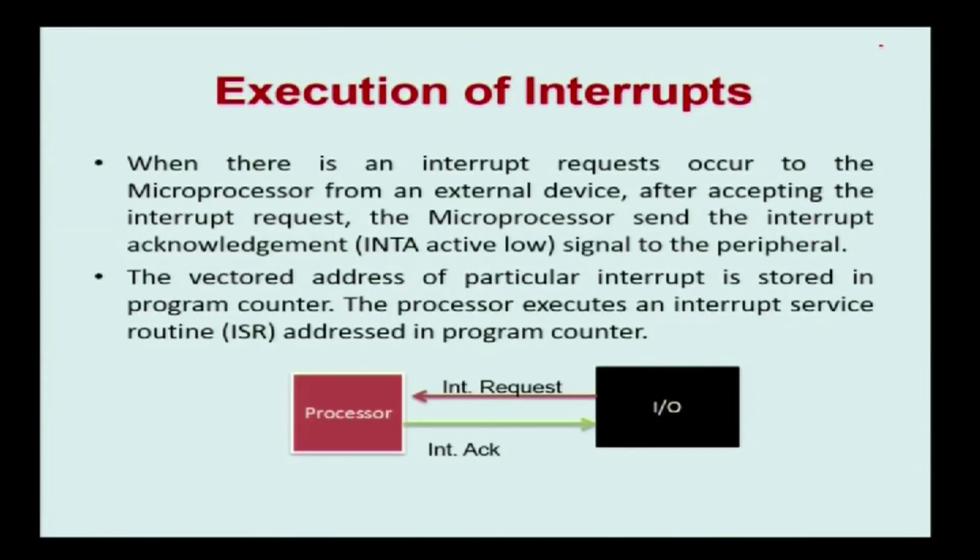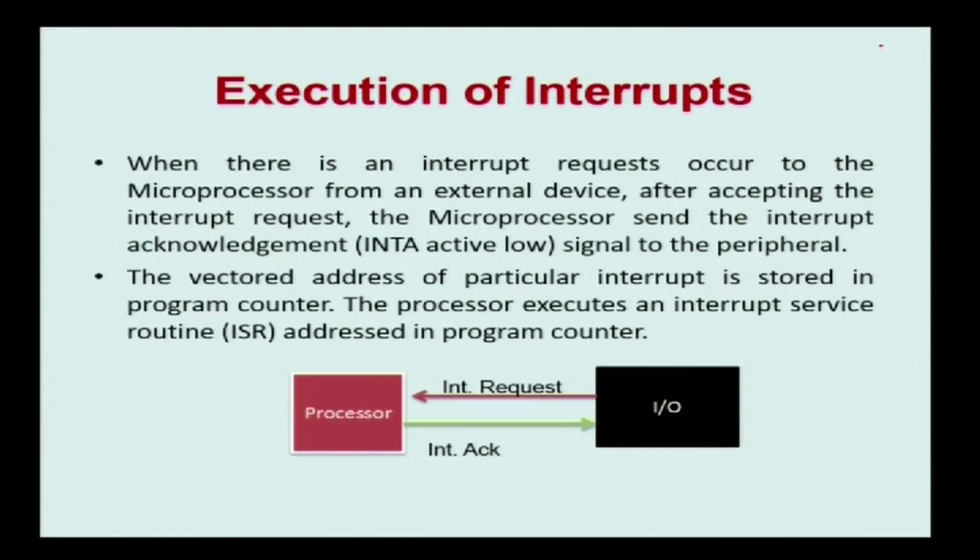After getting the interrupt, how does the processor execute the interrupt request? When the interrupt request is received from the external device, peripheral device, input device or output device, the processor immediately suspends its current work, then switches over to the specified location. Before switching over, it sends the interrupt acknowledgement signal.